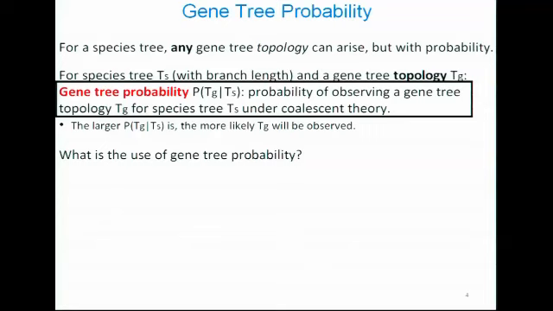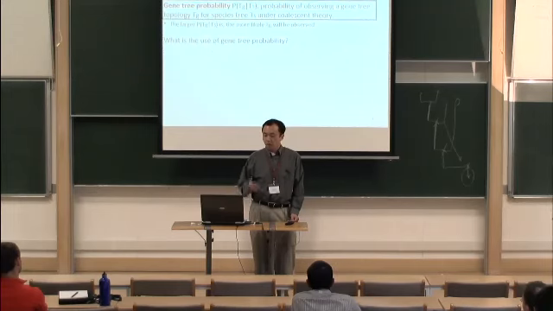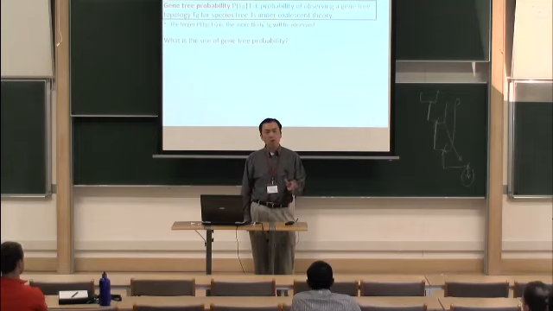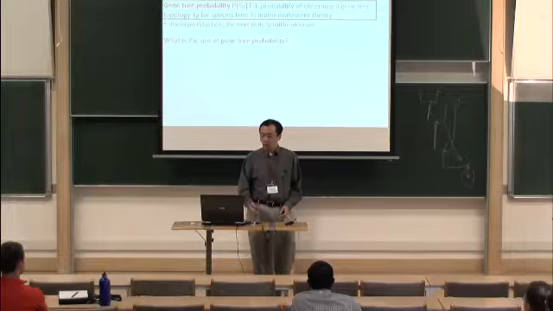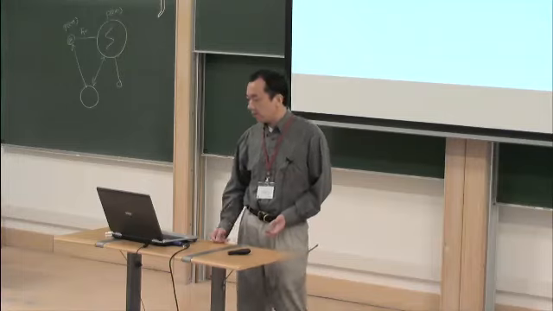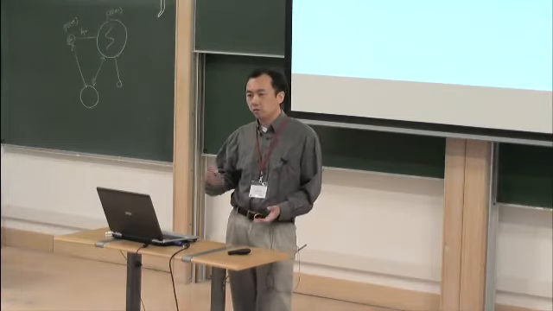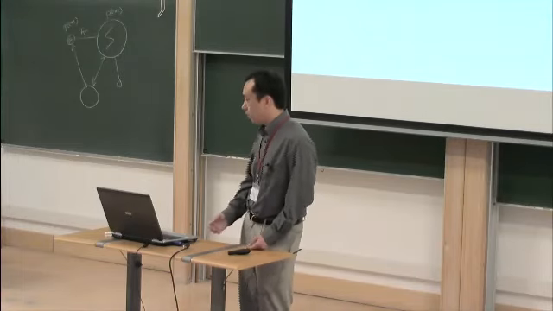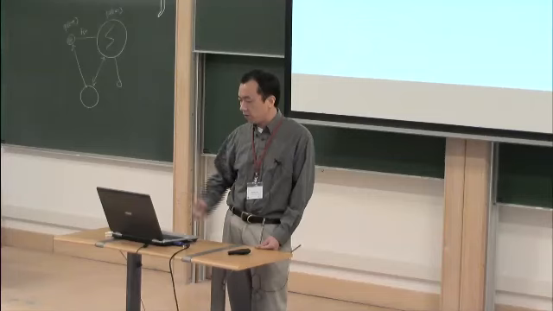The gene tree probability is the probability of this observed gene tree topology, TG, given a species tree, TS. This species tree is a full tree containing branch lengths, and we use the standard coalescent model. Obviously, the larger this gene tree probability is, the more likely this topology will be observed in this species tree.